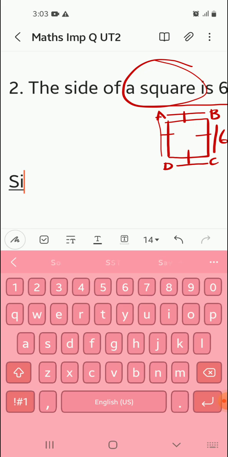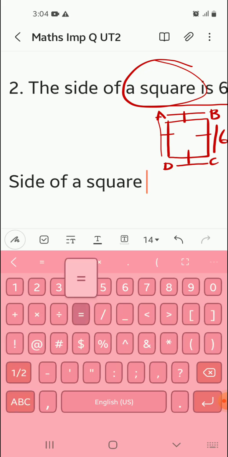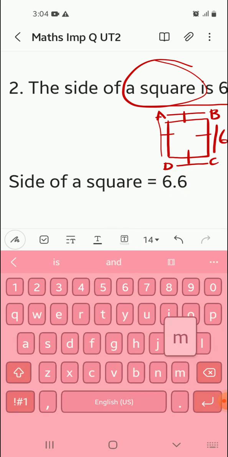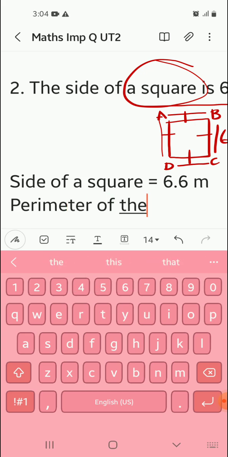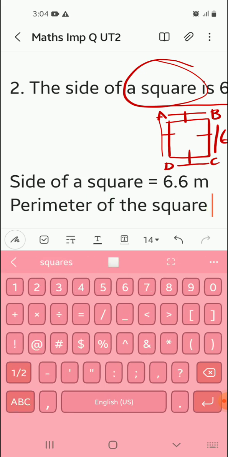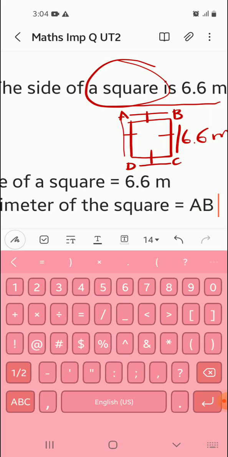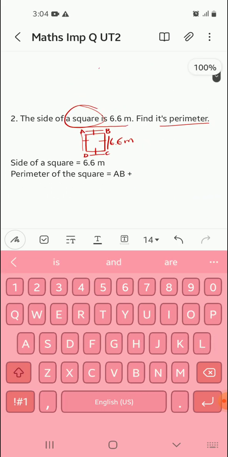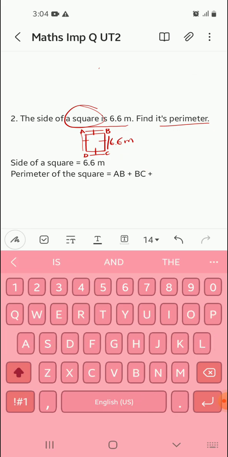So we are going to write side of a square is equal to 6.6 meter. So the perimeter of the square is equal to AB plus BC plus CD plus DA.